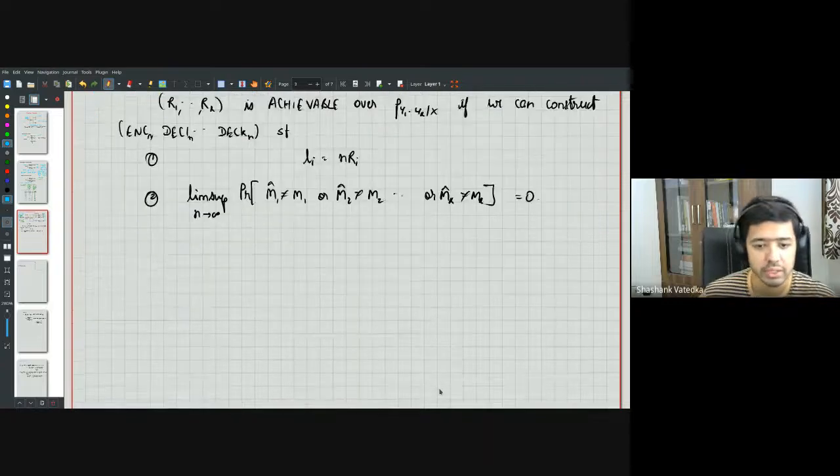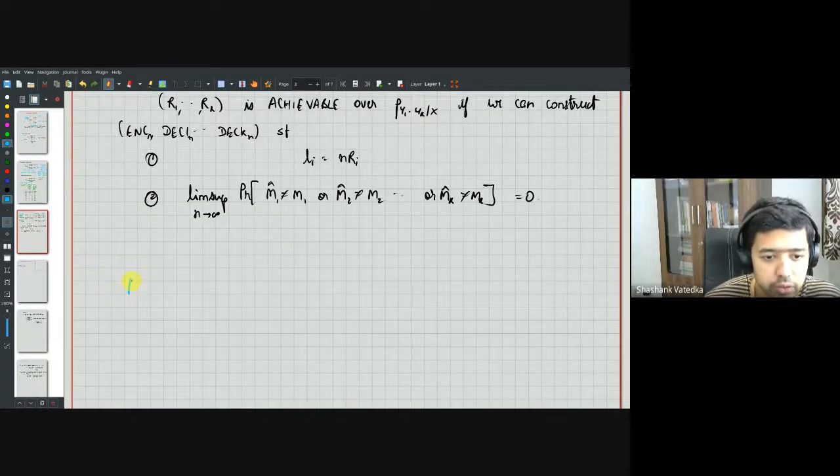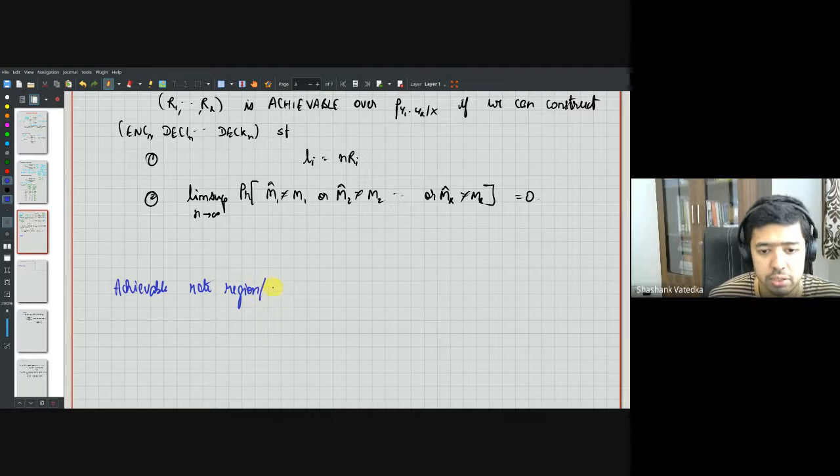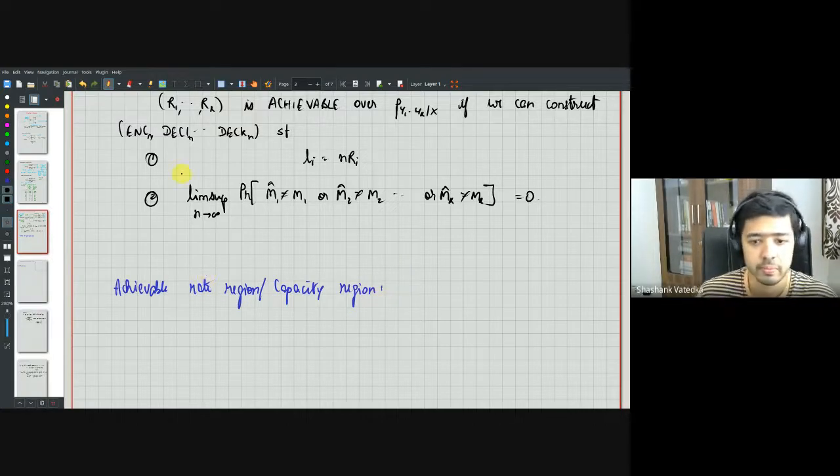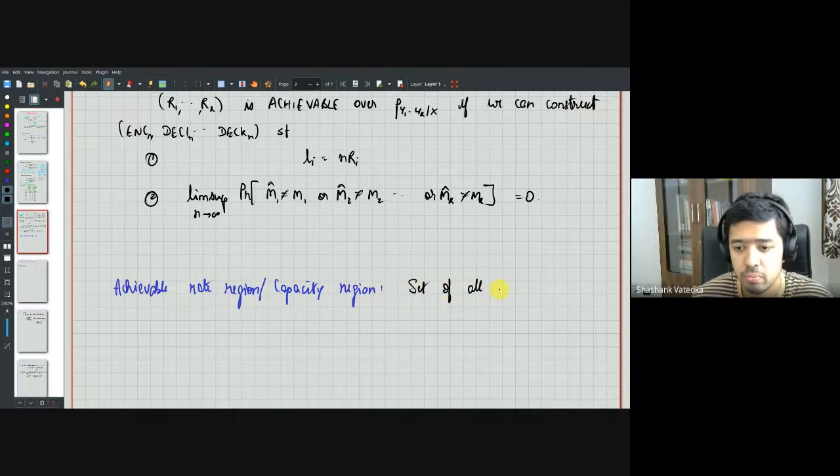So the achievable rate region, or the capacity region, is the set of all achievable rate tuples.